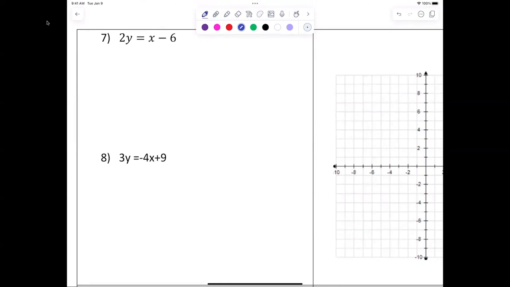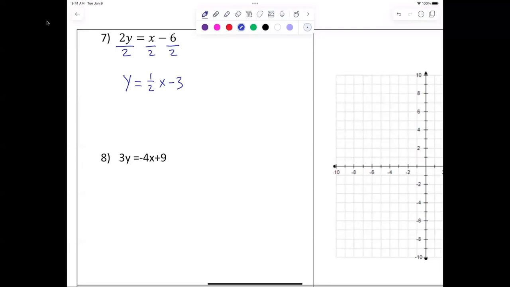Divide by 2 or multiply by 1/2. That is correct. So what I want to do is divide by 2, divide by 2, divide by 2. So I have y equals 1/2 x minus 3. Now I'm graphing y equals 1/2 x minus 3.